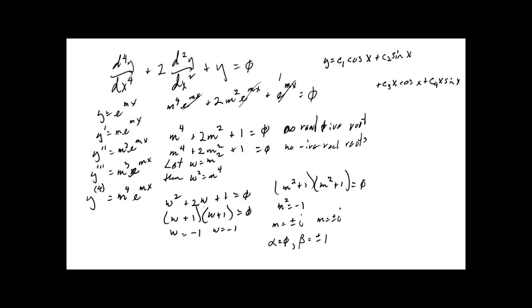Both of these are identical, so it would be a sine and a cosine of 1 x. Your alpha part is 0 anyway. And because you have repeated roots, you multiply by x. If we had 3 or 7 of those, then you'd have x squared and then x cubed, as many as it took to get them all. So those are the rules for that.